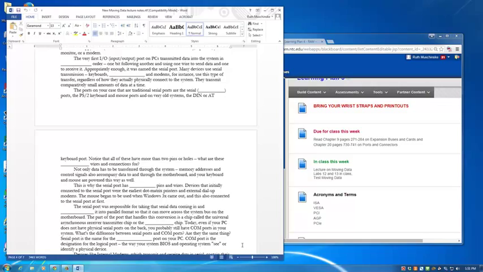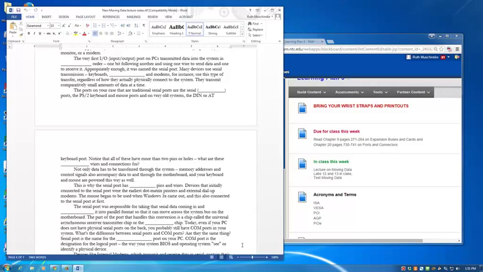The ports on your case that are traditional serial ports are the serial or COM ports, the PS2 keyboard and mouse ports, and on very old systems, the DIN or AT keyboard port. Notice that all of these have more than 2 pins or holes, so what are these extra wires and connections for?